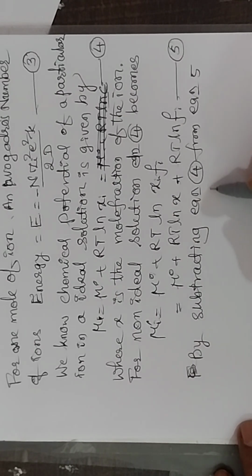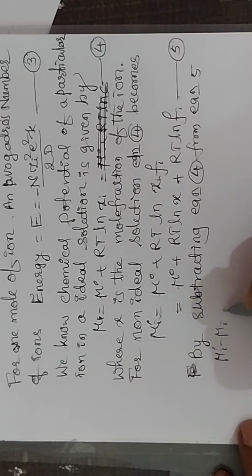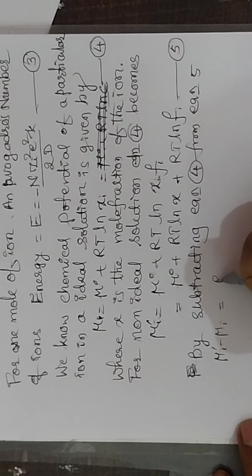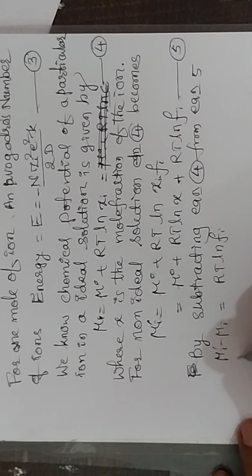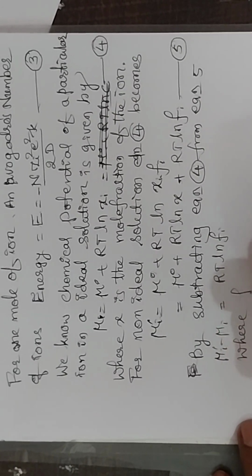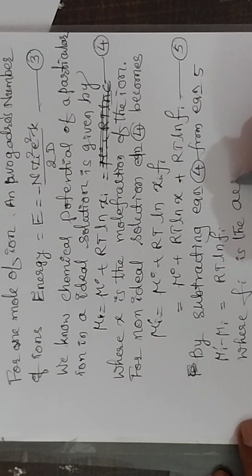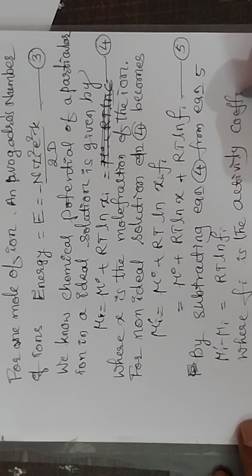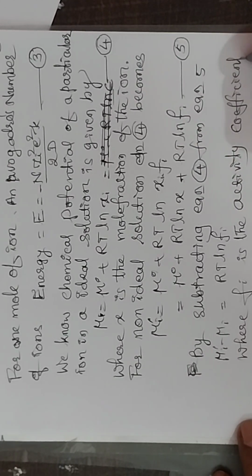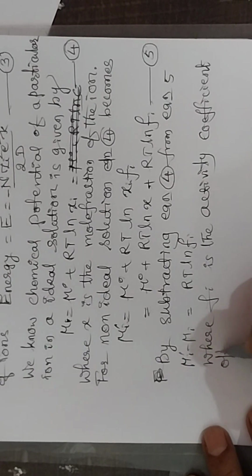By subtracting equation 4 from equation 5, you will get mu i dash minus mu i is equal to RT ln fi, where fi is the activity coefficient of the ith ion.